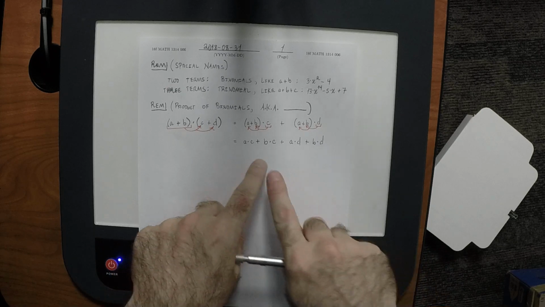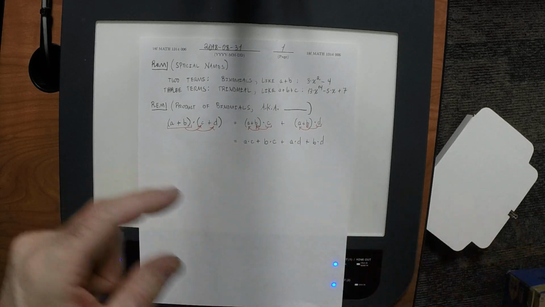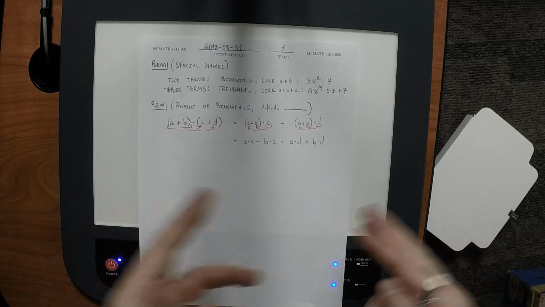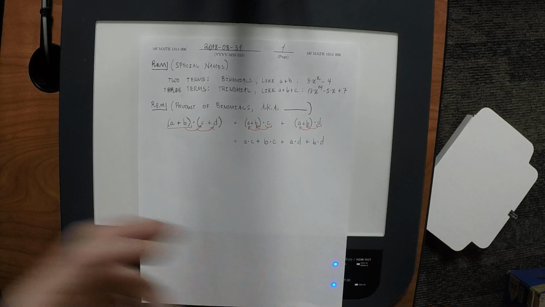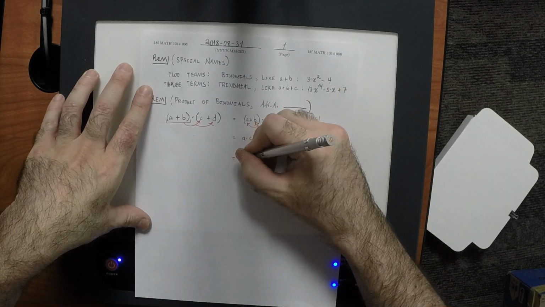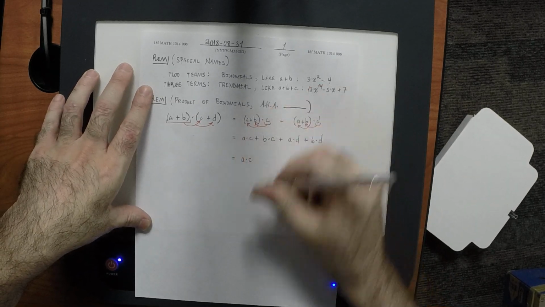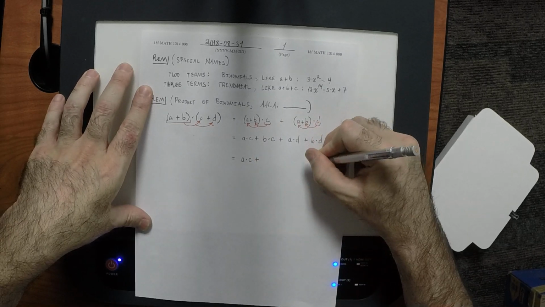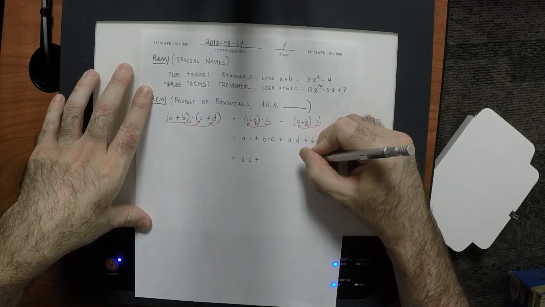Okay, so now these are all added, and addition commutes, which is to say it's permitted to make them appear in a different order, like 3 plus 5 is 5 plus 3. So for reasons that aren't entirely clear yet, I'm going to leave that one in that place. I'm going to leave this one in that place.